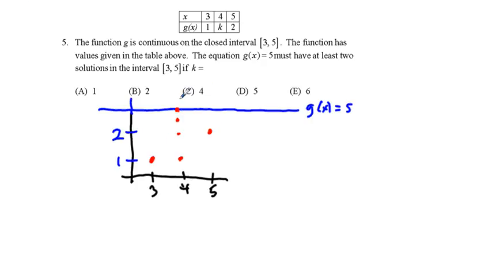Right? So if we go to 6, however, we know we have to cross this line of g of x equals 5 once on the way up and once on the way down, and it's tripped from g of x equals 1 to 2. So the correct answer is going to have to be 6.